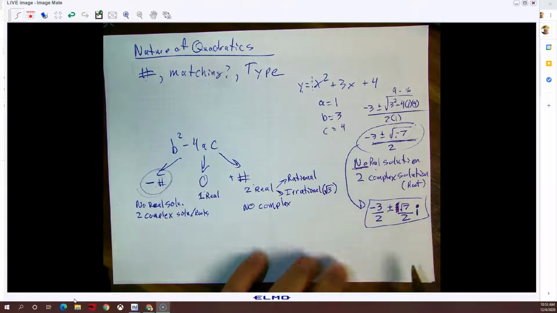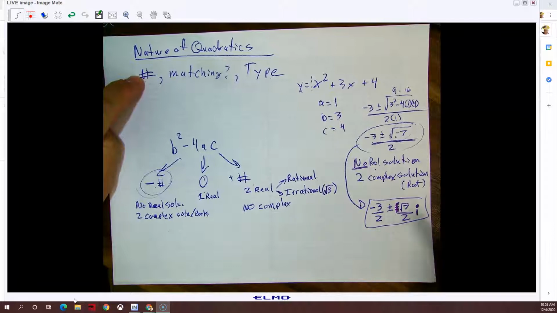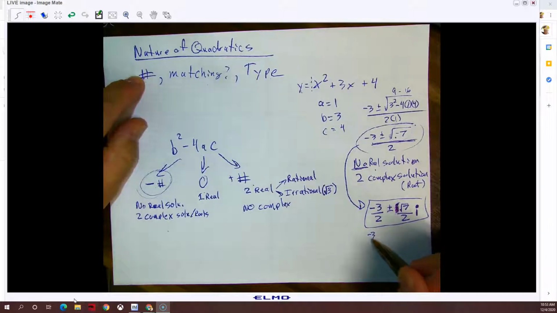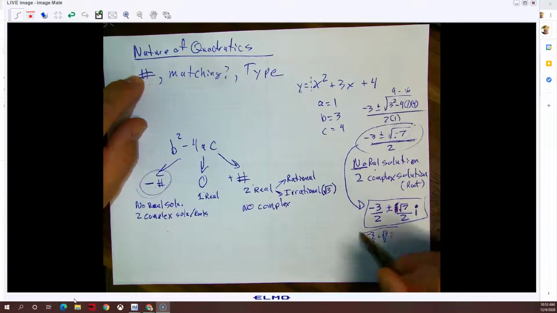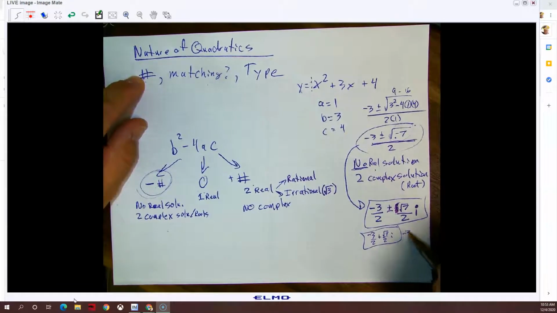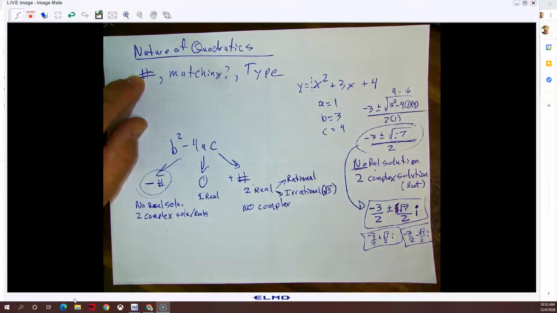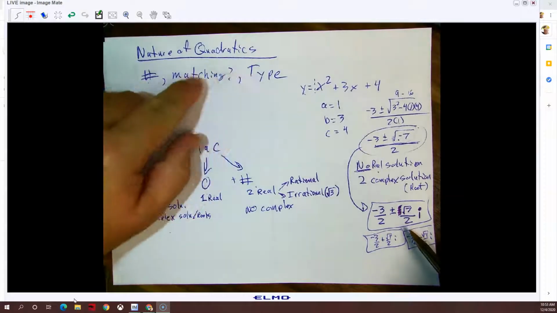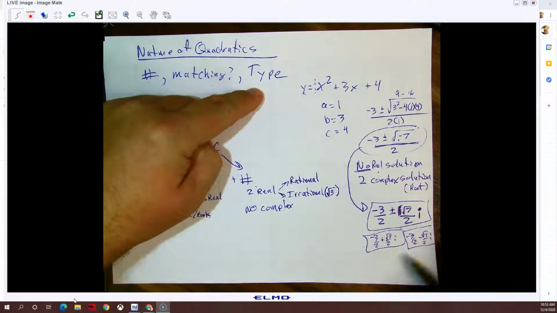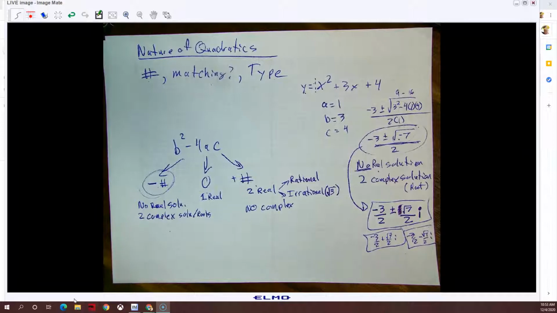So in this case, we have two solutions because we have negative 3 halves plus root 7 over 2i. That's 1. And we have negative 3 halves minus square root of 7 over 2i. Those are the two solutions, but they are two non-matching imaginary solutions.